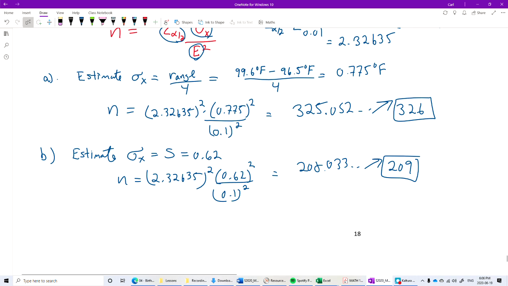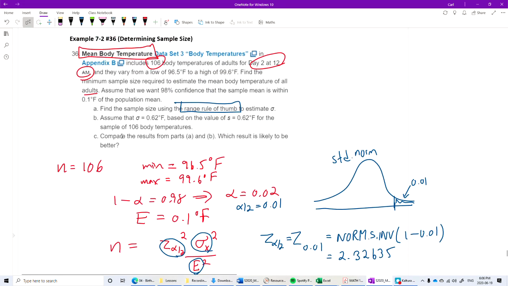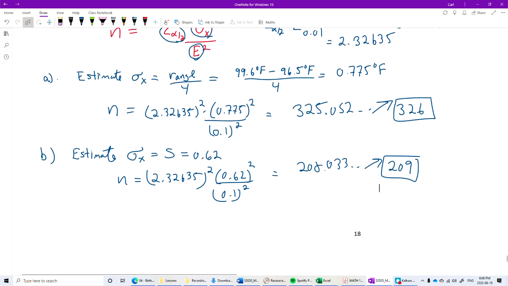Now, what's part C? It's probably going to ask us which one's better, right? Compare the results from A and B. Which result is likely to be better? Well, what does better mean here?